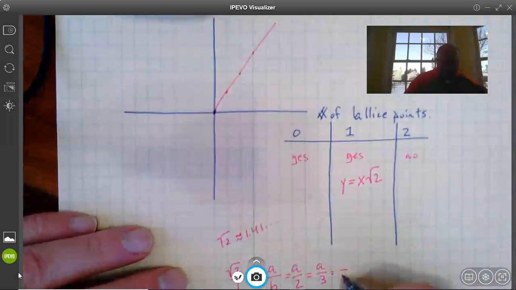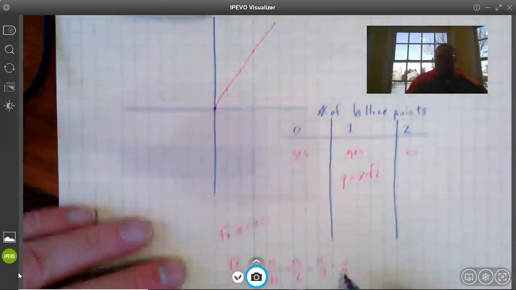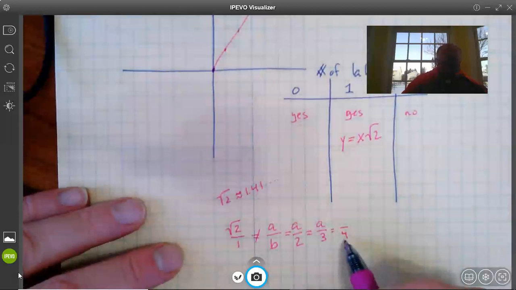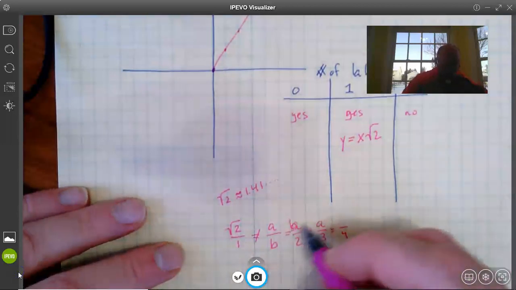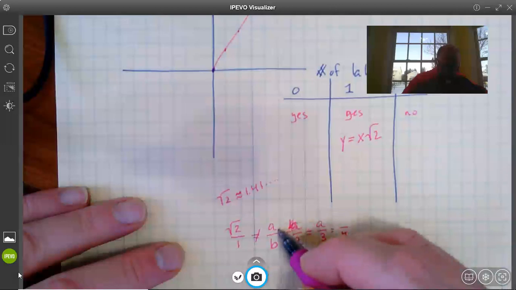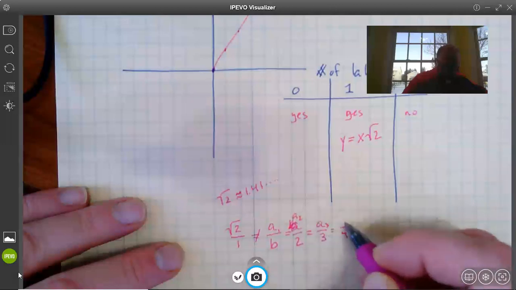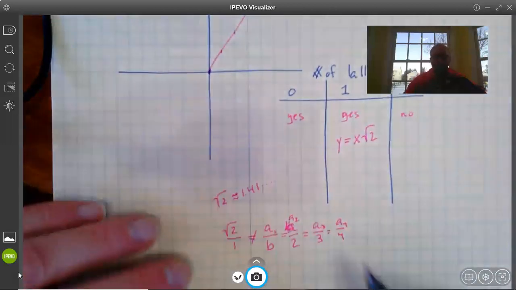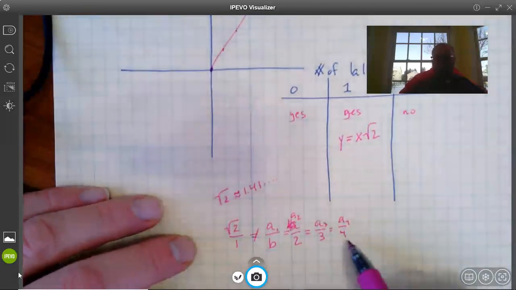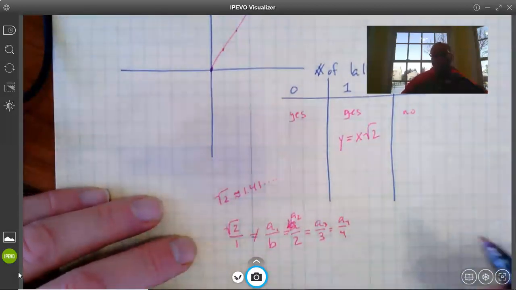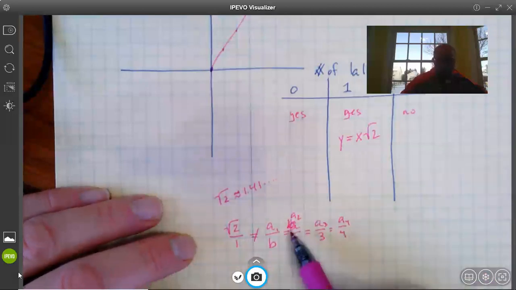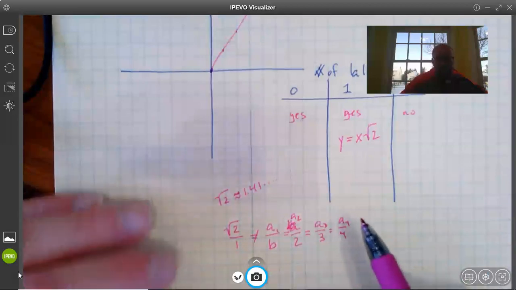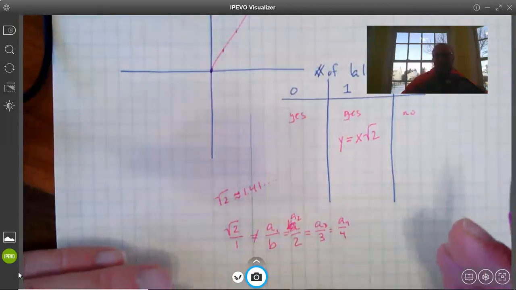I'll write these as A1, A2, A3, A4. No matter what denominator I put down here, no matter what our run is, as long as the run is a whole number, the rise can't also be a whole number, because that's the definition of an irrational number.